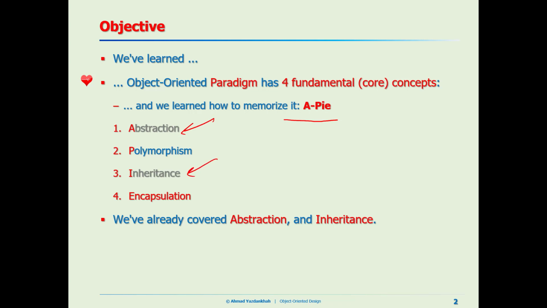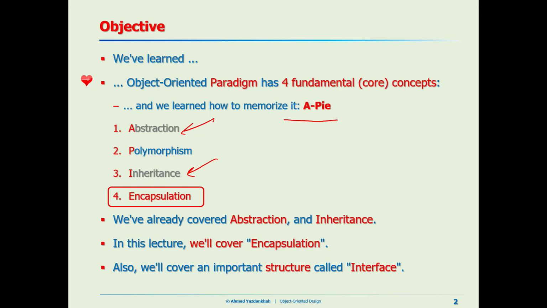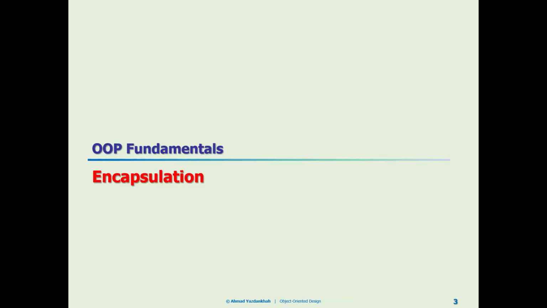And today we're going to talk about encapsulation. After encapsulation, I'm going to introduce a very important structure that we call interface. This is different than the interface that we have been using.